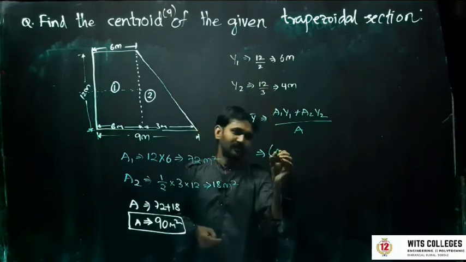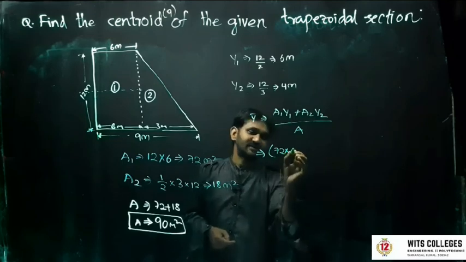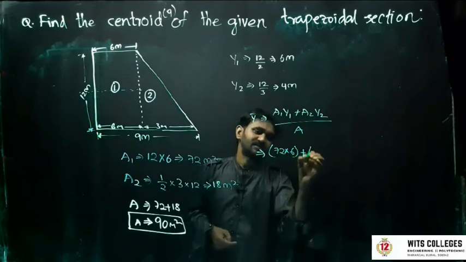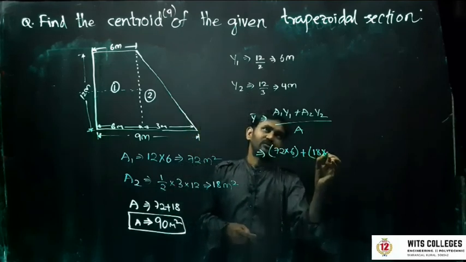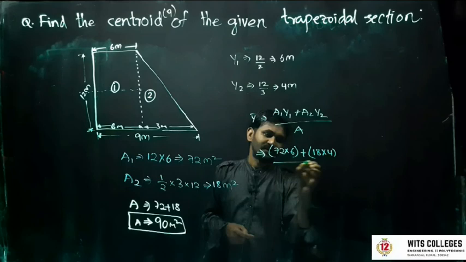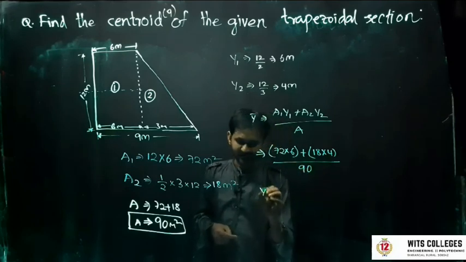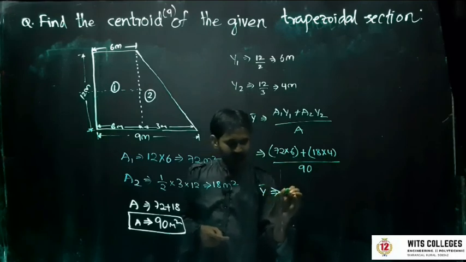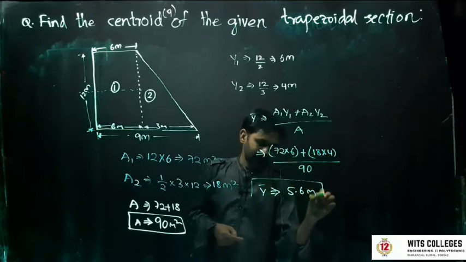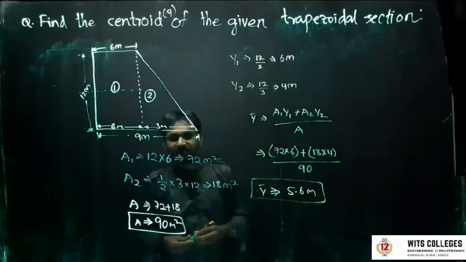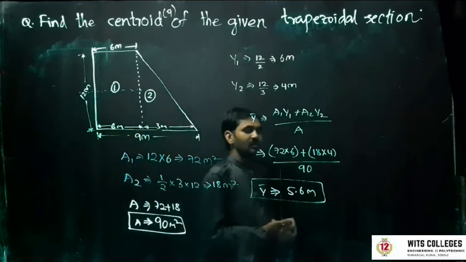A1 is 72 meter square, into y1 which is 6 meters, plus A2 which is 18 meter square into y2 which is 4 meters, divided by capital A which is 90 meter square. Therefore y bar equal to, you will get 5.6 meters. This is the way you have to do the problems.